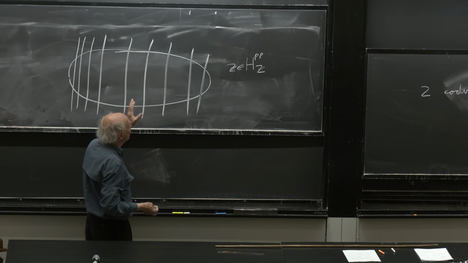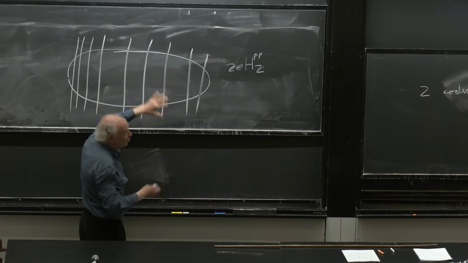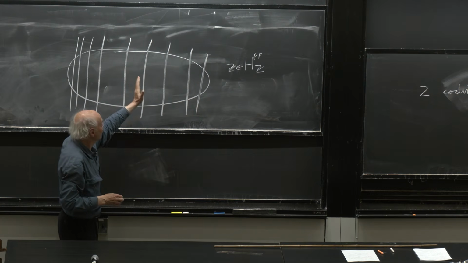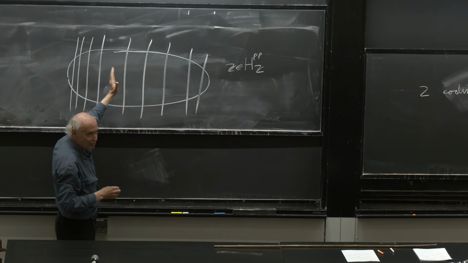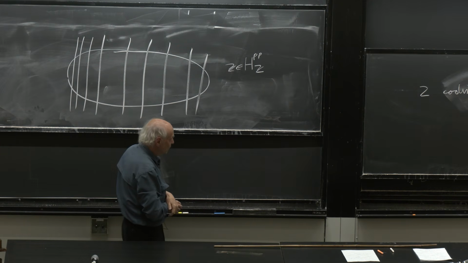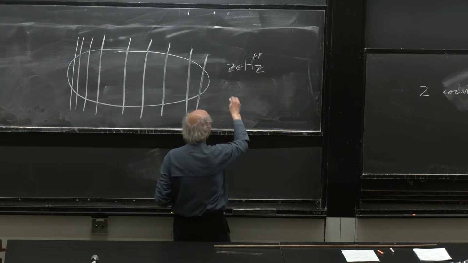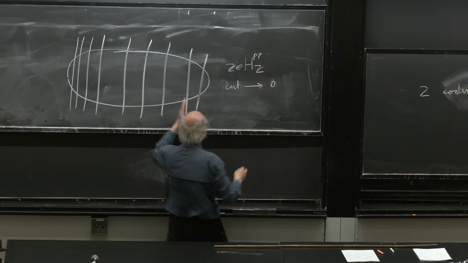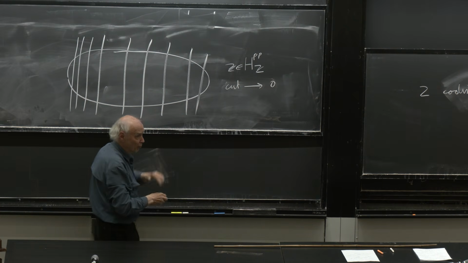Often it can be given by a topological circle, that's assumed, and you can restrict it, cut it with each slice. And the interesting case is when you cut, you get something which is 0.